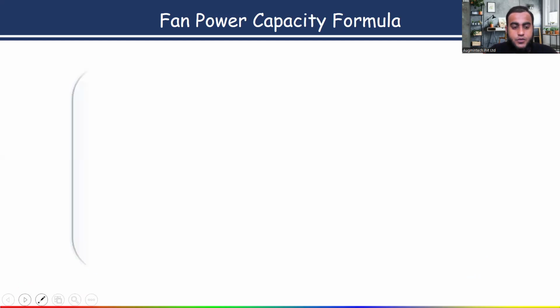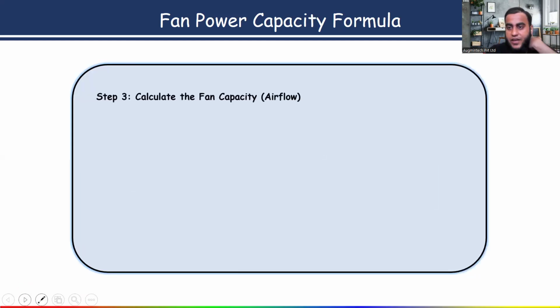Now, the next step is what? Sometimes, if you want to find out the airflow rate in case of exhaust fan selection, for example, for an AHU, you can do the heat load calculation, and from there you will get the supply CFM value, everything, even the cooling load value also. But let's say you have an exhaust fan, for example in a toilet or kitchen, where you are providing ventilation.